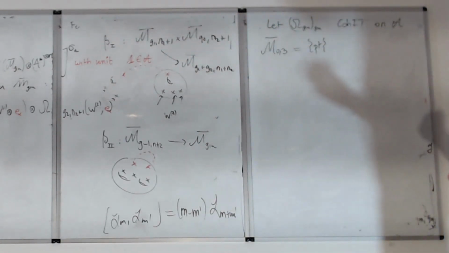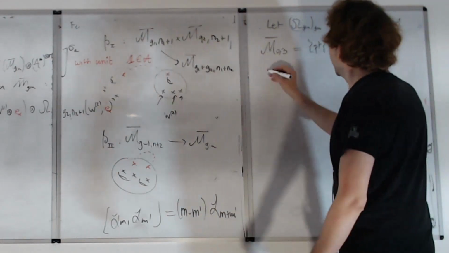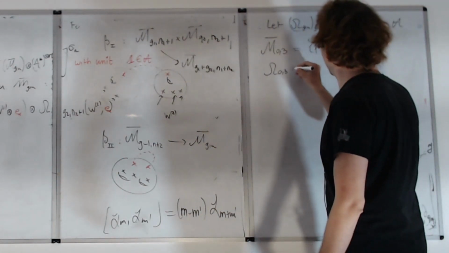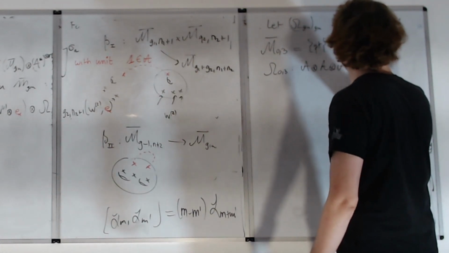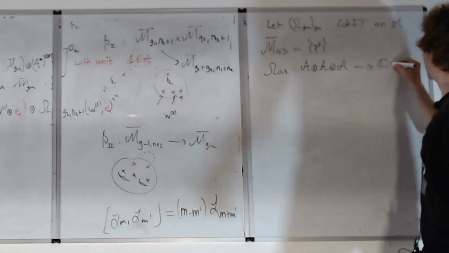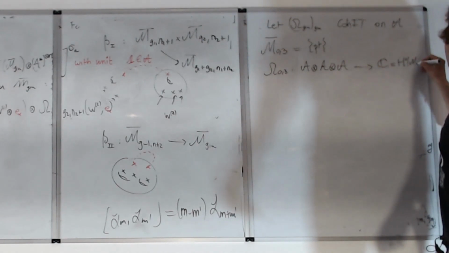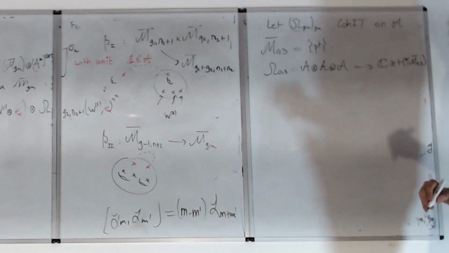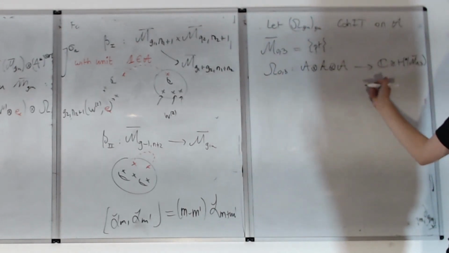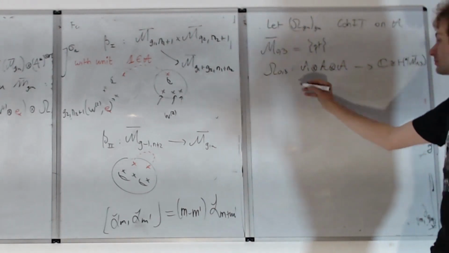So the cohomology is rather simple. And we have this Omega_{0,3}, which is a map from A tensor A to C, where A is this cohomology ring. So it's a trilinear map. It is symmetric.